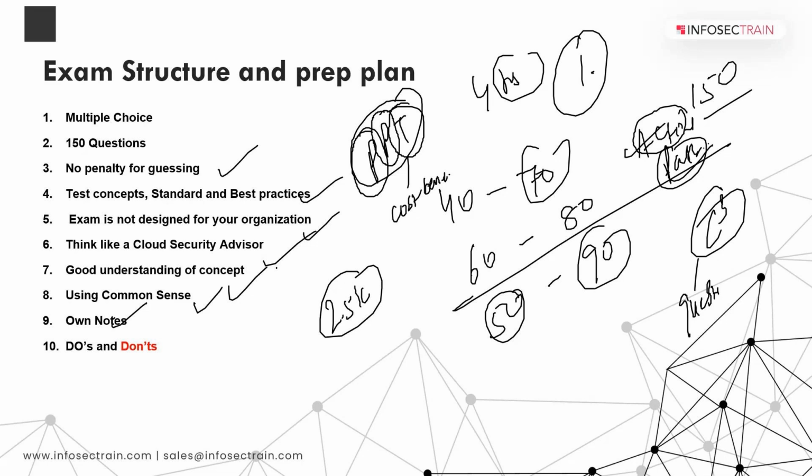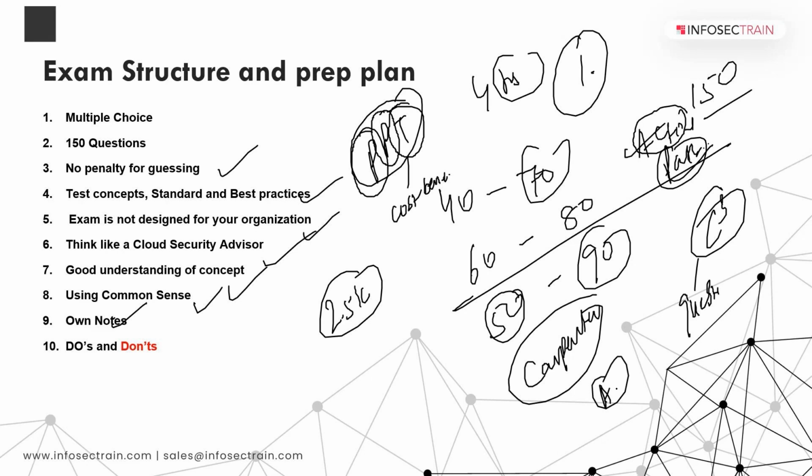Take it easy. This is not a difficult exam. During the exam, please don't take stress. Think like a cloud advisor for each and every question. And you can use the carpenter method. Now, what is the carpenter method? The carpenter method means you choose the wrong answers. Please don't go for the right one. You ask, okay, why is A wrong?